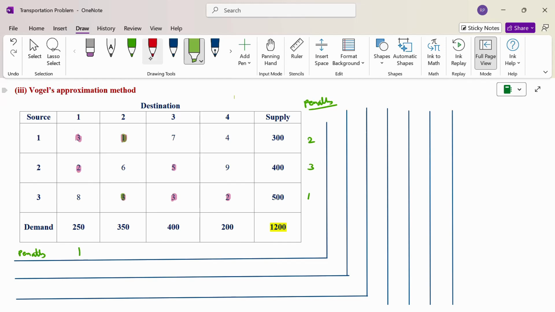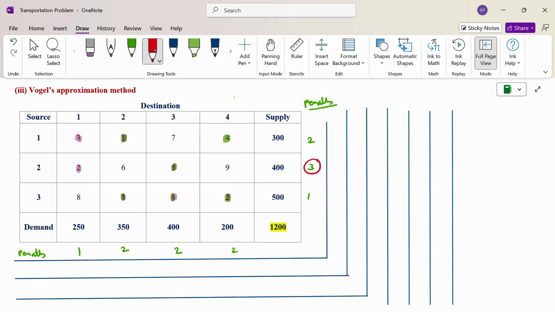Now the 2 least values, the difference 2. Here the least values 5 3, the difference 2, and then the next least numbers 2 and 4, the value difference 2. Now see the row penalty and column penalty, select the maximum value.